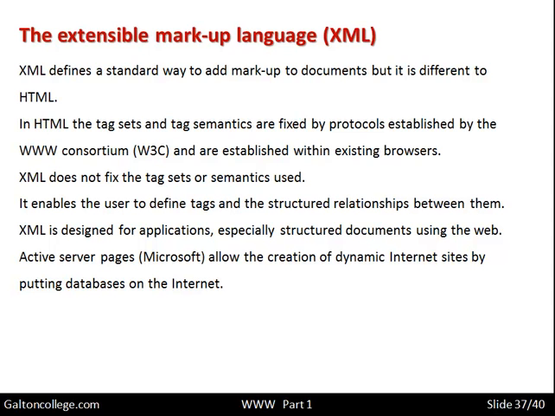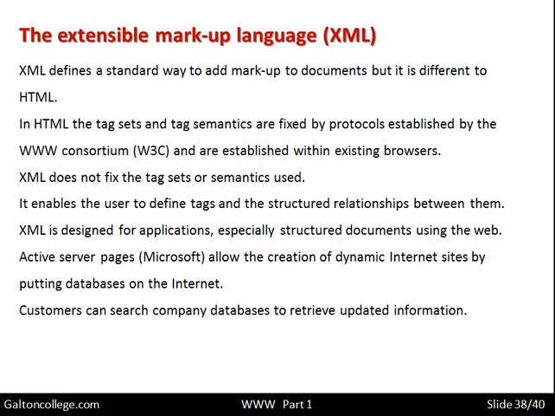So it means that the user is able to get access to the database and interrogate the database, query the database for results. Customers can search company databases to retrieve updated information, for example.